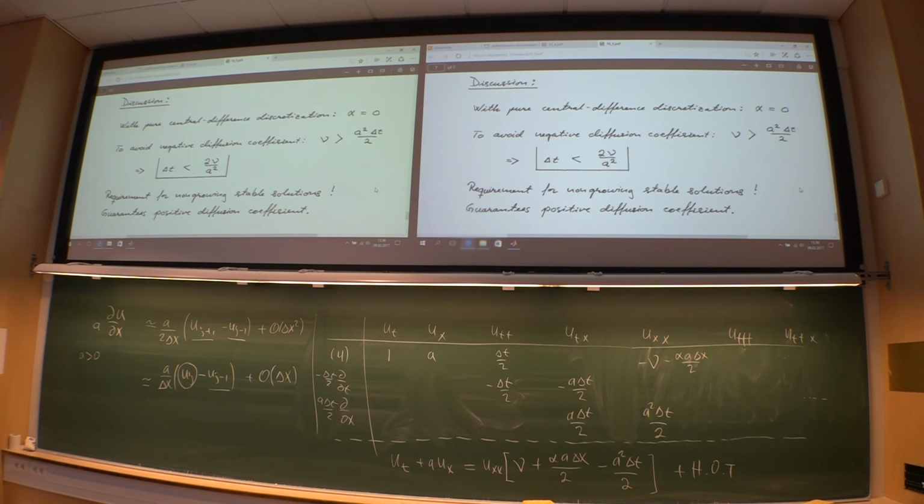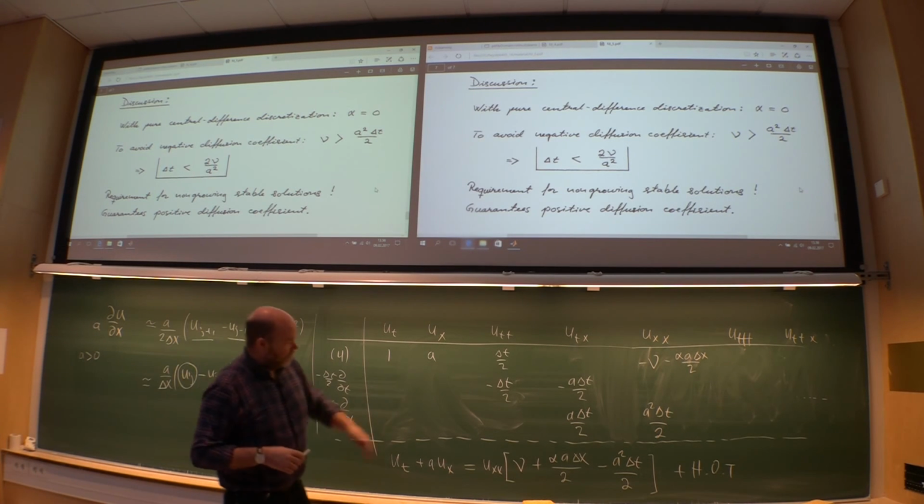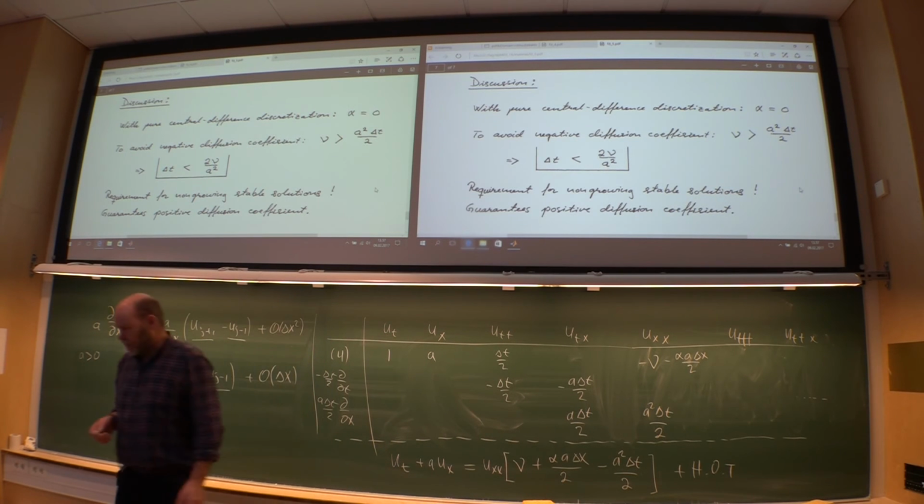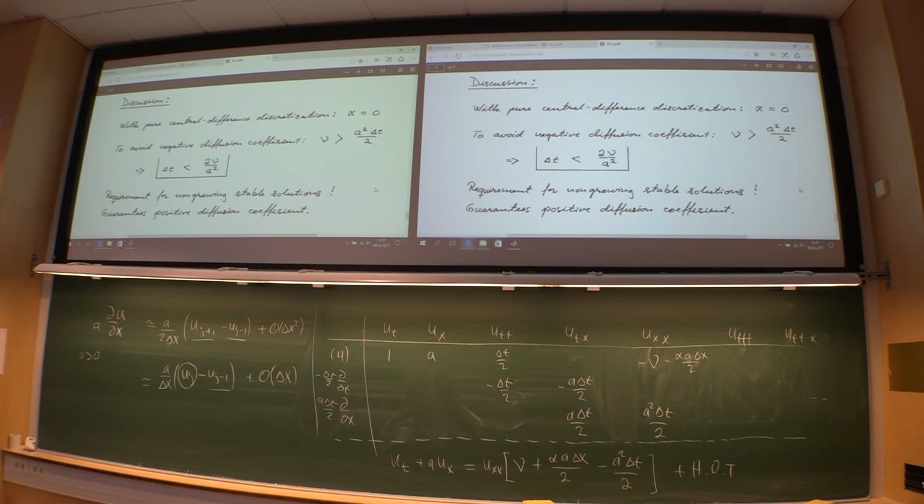So that will be the demand, the stability criteria. If you're using central scheme, you only have the viscosity and this numerical negative term. Delta t then has to be smaller than 2 times viscosity over a square, which is one of the stability criteria in the SOLA algorithm. Yes, it is.